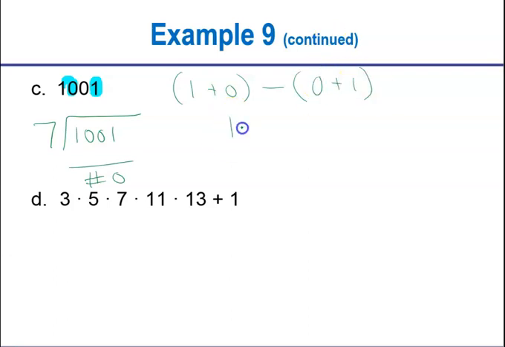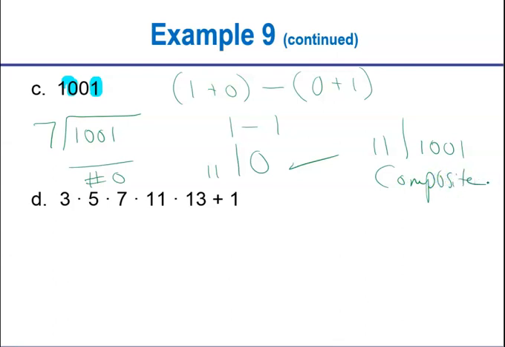Well, that gives me 1 minus 1, which is 0. Does 11 divide 0? Sure does, right? You can't do 0 divides 11, right? But 11 divides 0. In other words, 0 divided by 11 is 0. If 11 divides that sum, then you know 11 divides your number. And if 11 divides 1001, that means it's composite.